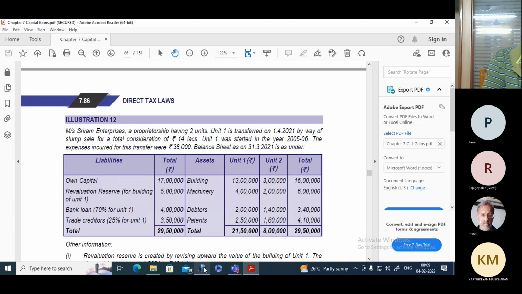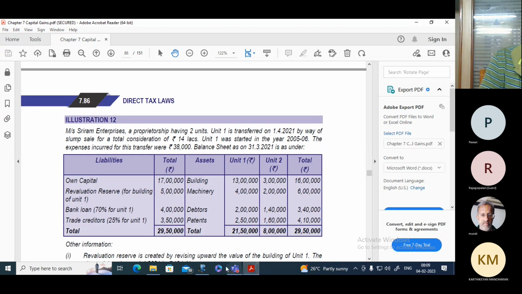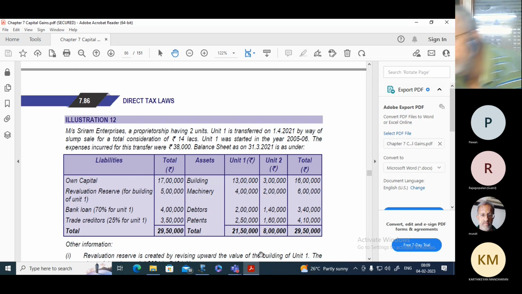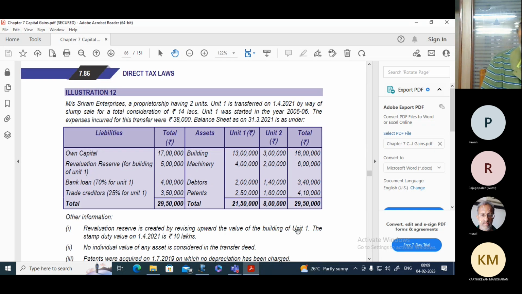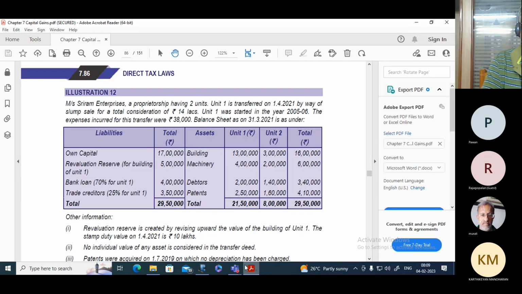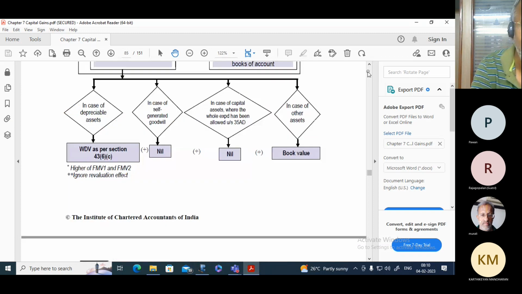Machinery, debtors and patents will come there. 2 lakhs, 1.4 lakhs and 1.6 lakhs. Sorry, 2.4 to 2.5 lakhs. Okay.